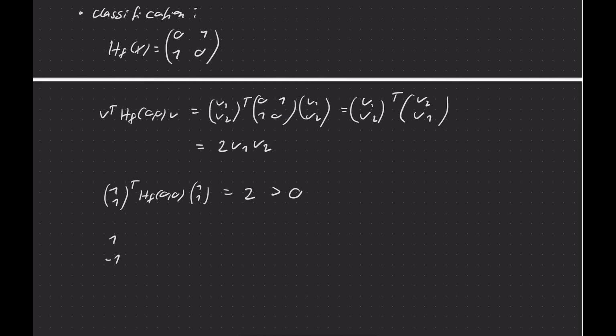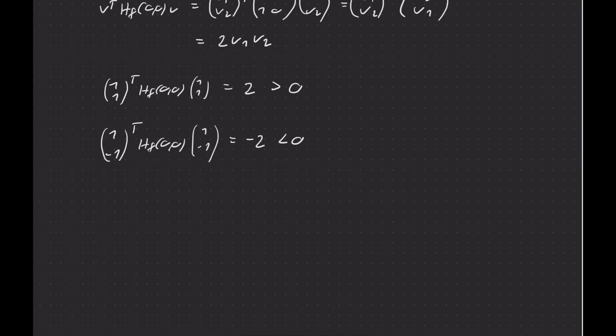But if we make one negative, for example, we take the vector 1, -1, that will give us a -2, and that's negative. So again, that Hessian here, HF of 0, 0, is indefinite. And therefore, 0, 0 is again a saddle point.